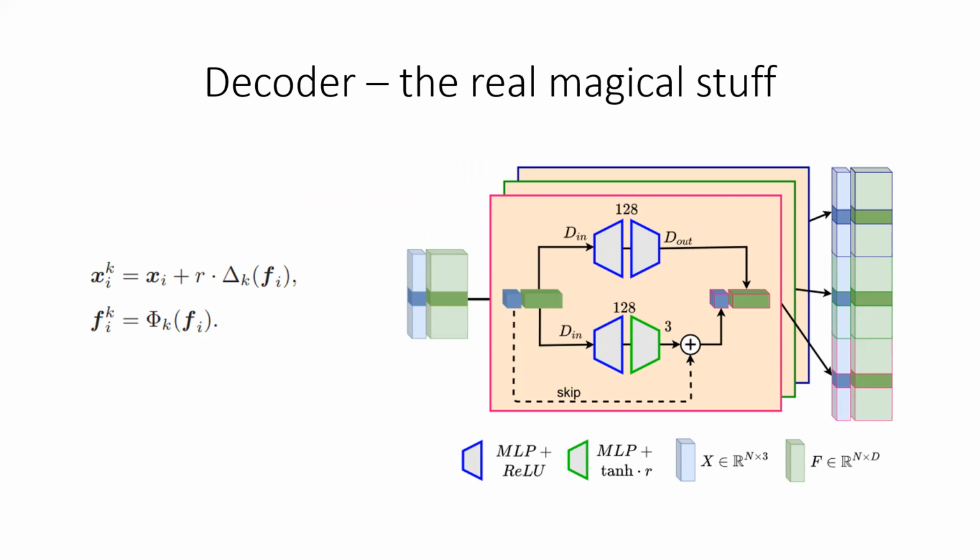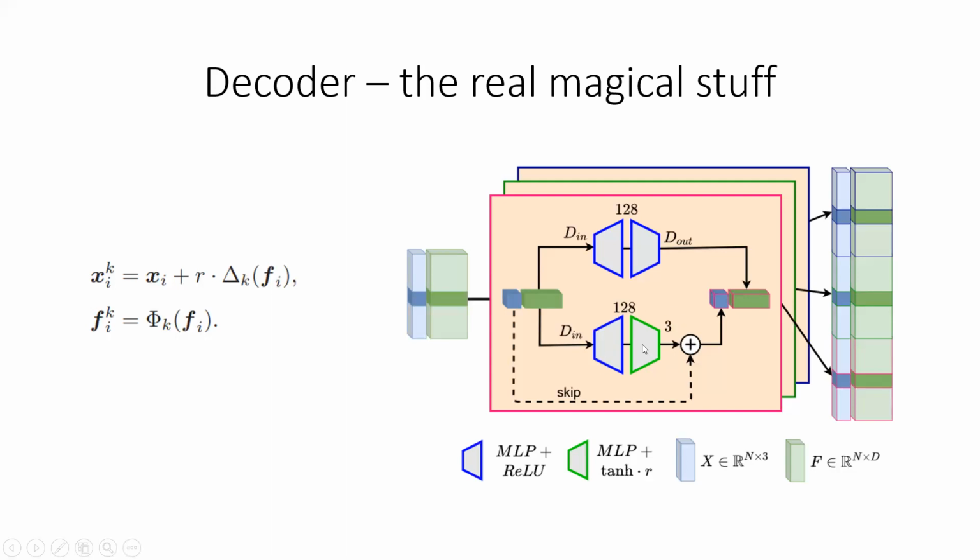So let's say you have a point centered at 0, 0, 0, and it has some sort of feature, let's say 255, 255, 255. What the first MLP will do, the upper one, is predict the feature set for the new point. So let's say 255, 255, 255 will become some sort of 128, 128, 128. And the second part will actually predict a displacement.